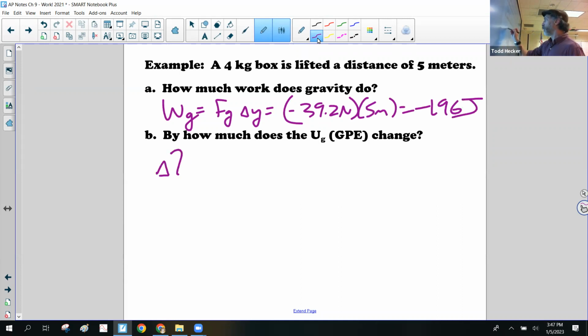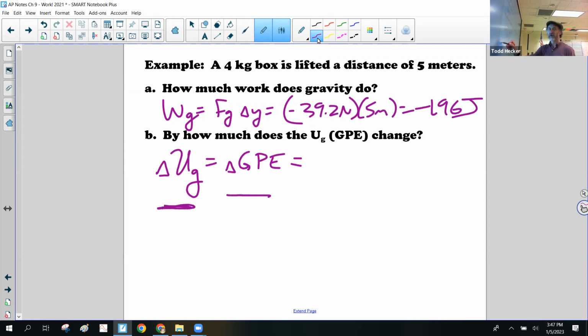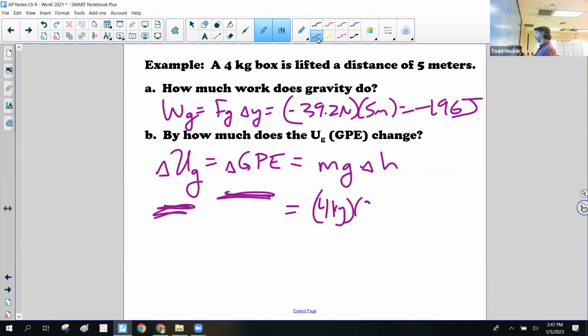What's the change in gravitational potential energy? Just refreshing your memory about the 2 different types of notation that you'll see, sort of collegiate level and honors physics level. So change in GPE is mg delta H. So let's see, the mass is 4 kilograms. G is 9.8 meters per second squared.